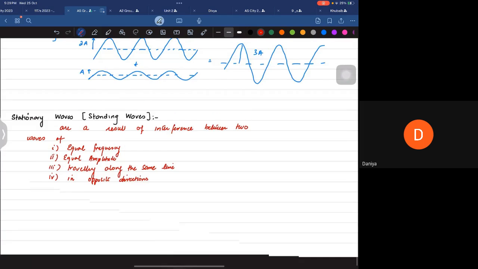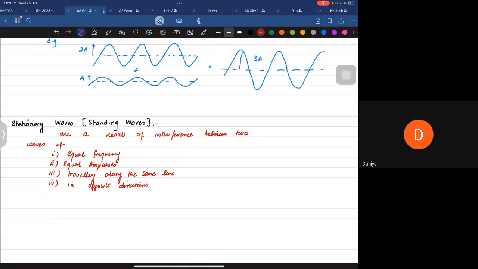Now, basically, a stationary wave is created like this. Suppose you have a fixed end like this, and you have a wire or a rope, and you start moving it up and down.